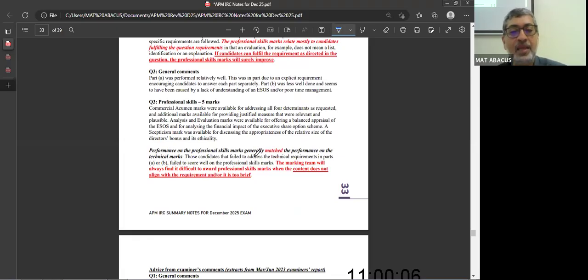The candidates that fail to address the technical requirements in parts A and B fail to score well on the professional skills marks. The marking team will always find it difficult to award professional skills marks when the content does not align with the requirement or is too brief. That's another issue. If you're too brief, you can't really judge whether this is a proper commercial acumen.